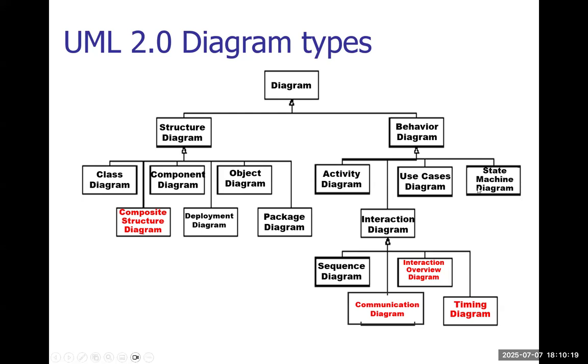Of course, there are different perspectives in terms of activity, interaction, use case, and so on. So here we have two big categories. The ones in red were introduced in UML 2.